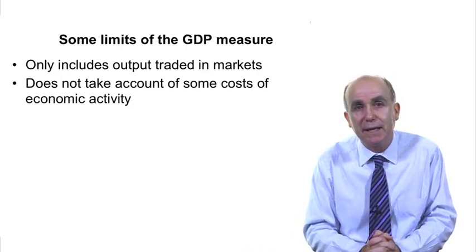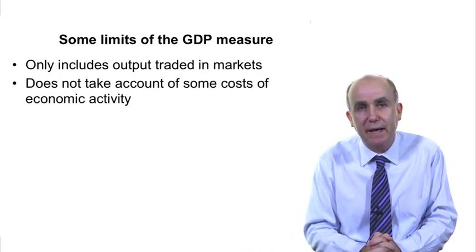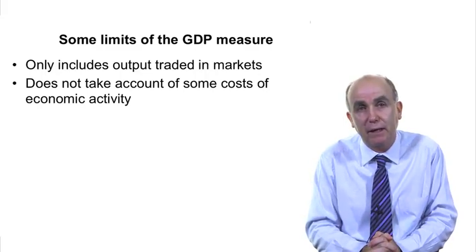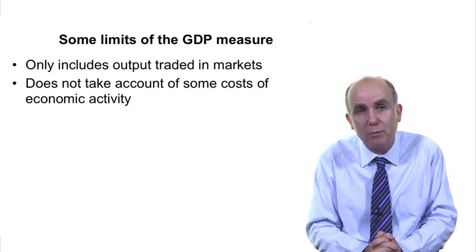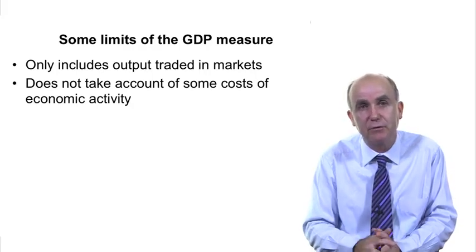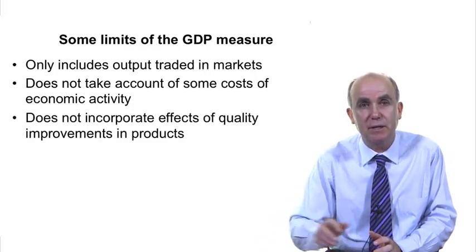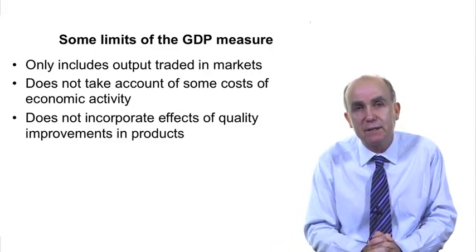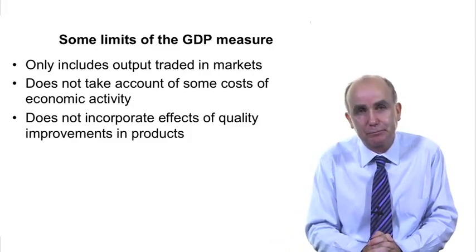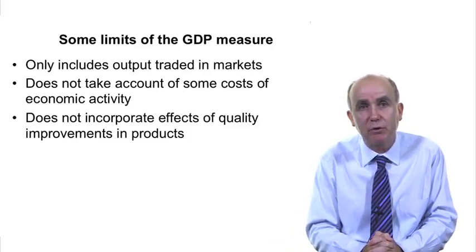A second limit is that GDP doesn't take account of some of the costs of economic activity. For example, if economic activity is causing environmental degradation, that won't be taken into account in the measure of GDP, at least the standard measure. Third point is that GDP doesn't incorporate effects of quality improvements in products or the introduction of new products.